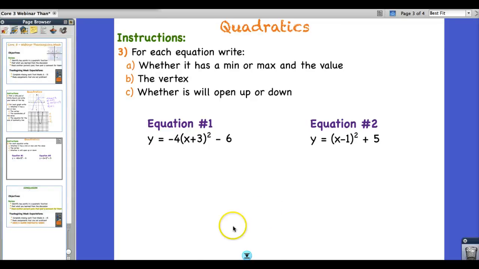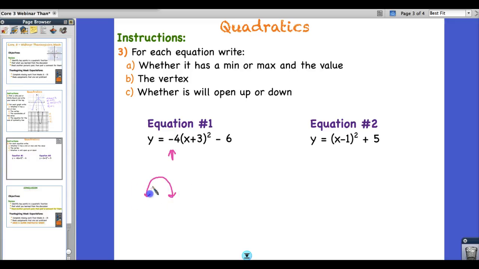All right, so some of you guys might already know it, but I'm gonna do the first one with you. All right, so if we look at this first one, here's what I see. Whether it has a minimum or maximum: the first thing is I look at this negative right here. Do you guys see the negative? That negative means that, what Katie said last time, this is going to open down. So it's going to look like this, right?